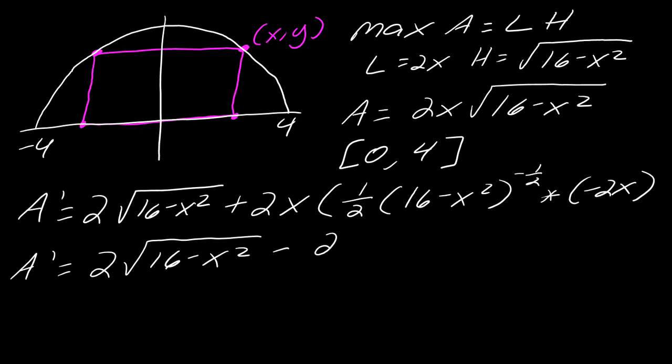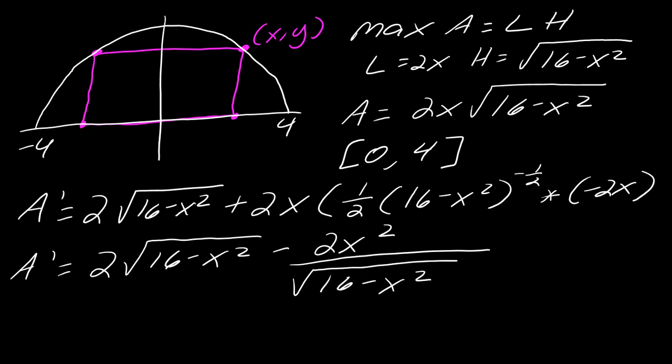So this will become minus 2x squared over the square root of 16 minus x squared. Now what I want to do is get rid of the denominator here, so I'm going to multiply both parts of this problem by the square root of 16 minus x squared.